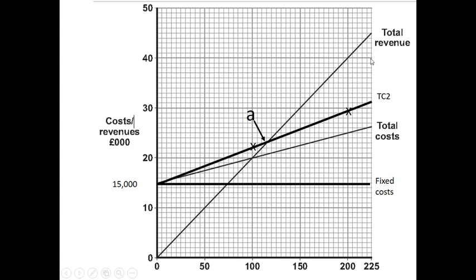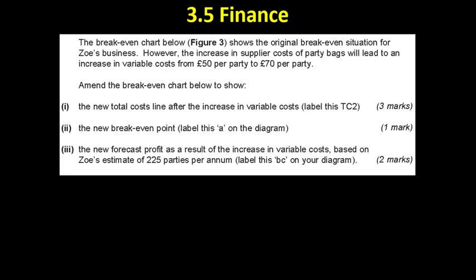Profit equals total revenue minus total costs. In other words, it's this area between the total revenue and the total cost curve. So let's just label that on there. And I needed to label it BC. Did I? Yes, label it BC.